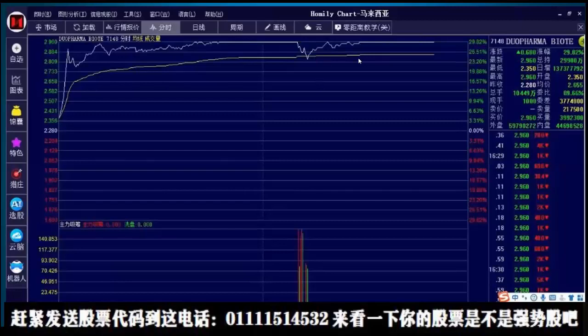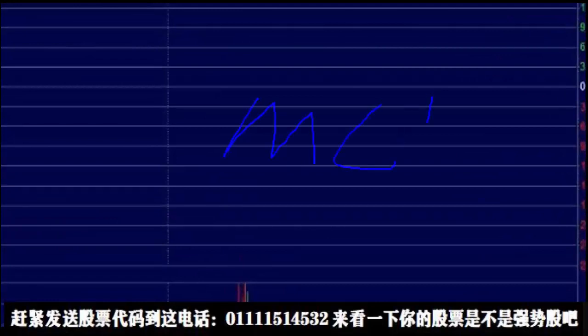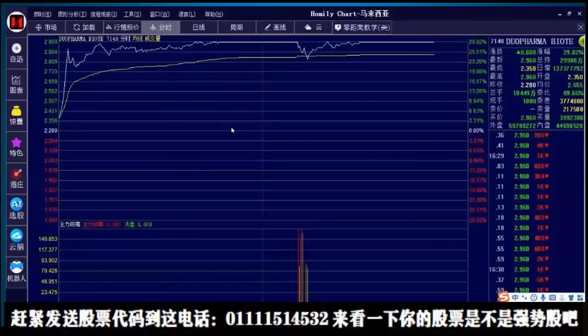This one is not the MACD, it's the banker chips. What's the difference between MACD and banker chips? MACD shows the position, how many percent they hold, because the total shares are 100%. How many percent the banker holds, how many percent the retail holds, how many percent the foreign fund holds. That is a percentage of the position held. And the banker chips will tell us when the banker comes in, and at what price they enter.